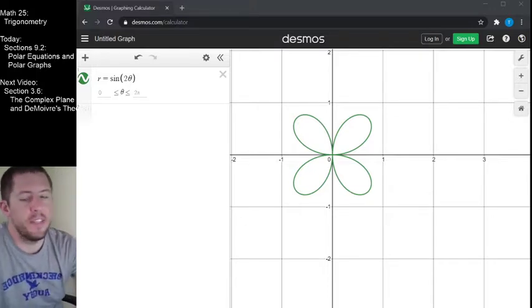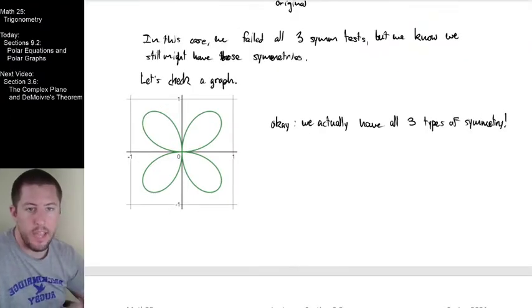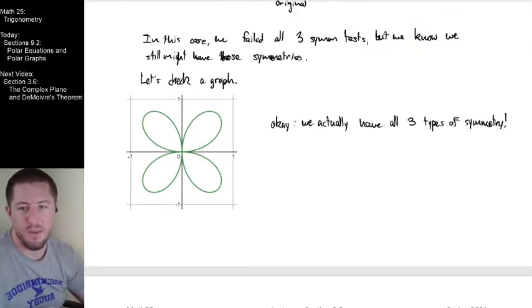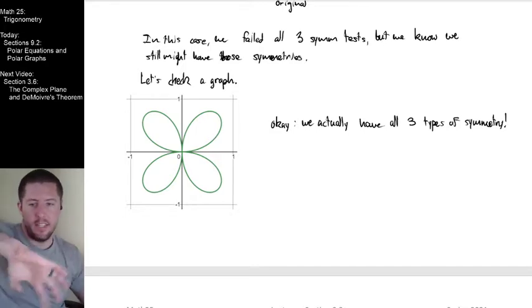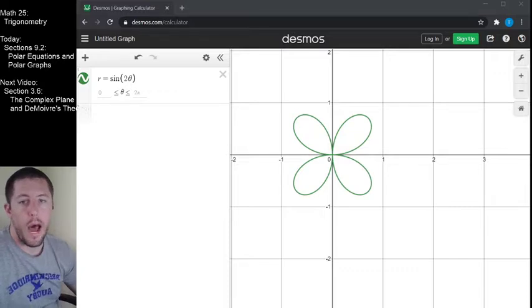So why did we fail the tests, but we have the symmetry? So I'm bringing this back into my Microsoft Word and saying, okay, we actually have all three types of symmetry: x-axis, y-axis, rotational. We got them all, right? So let's take a quick look as to why this is happening here.